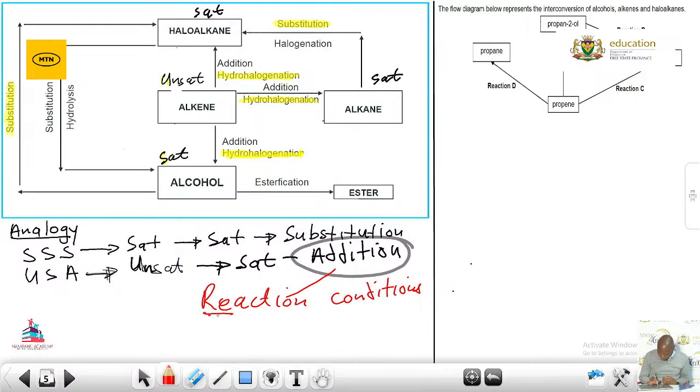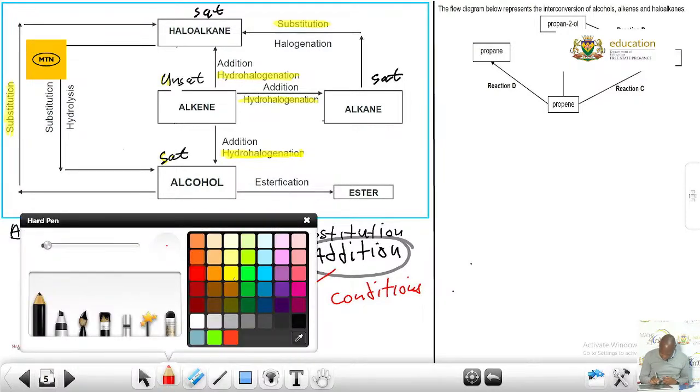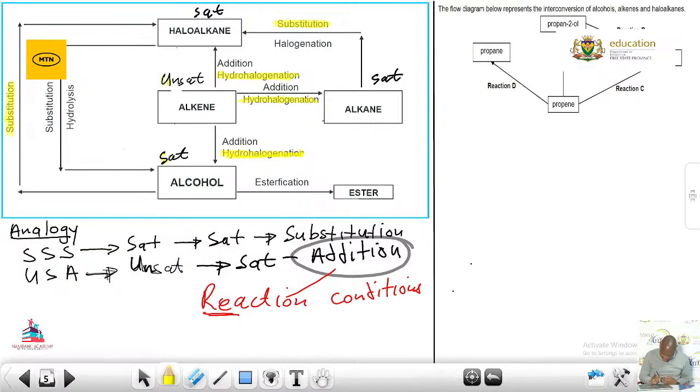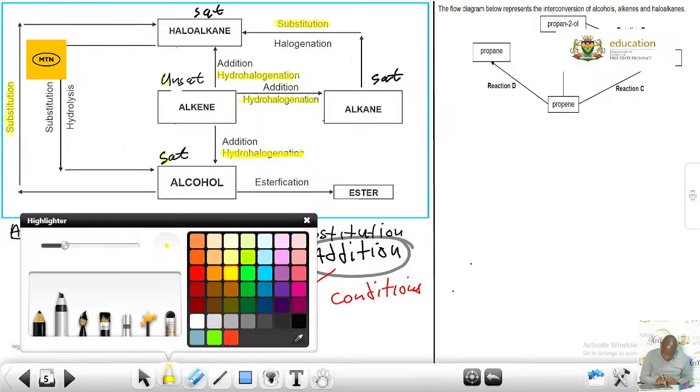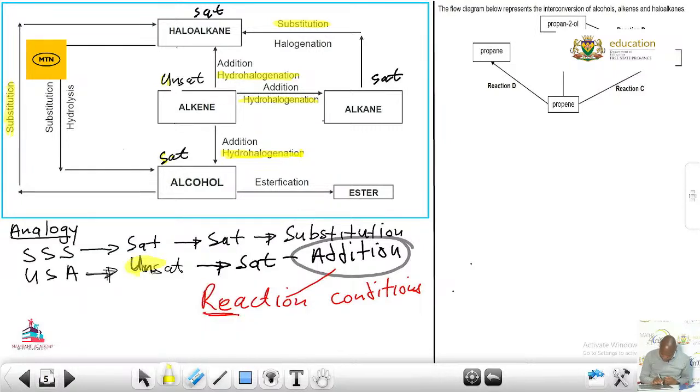But before the reaction conditions, the examiner will tell us something about the saturation of the compound. Is it saturated? Is it unsaturated? From that we can easily know that the reaction is going to be addition. The possible question will be, give the reaction conditions.